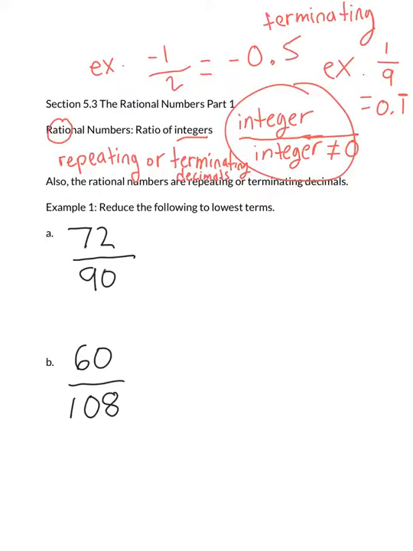But the point is, yep, it produces a repeating decimal. Repeating in that it repeats the same pattern after the decimal point forever. So repeating or terminating decimals are created by an integer divided by an integer, which are your rational numbers.